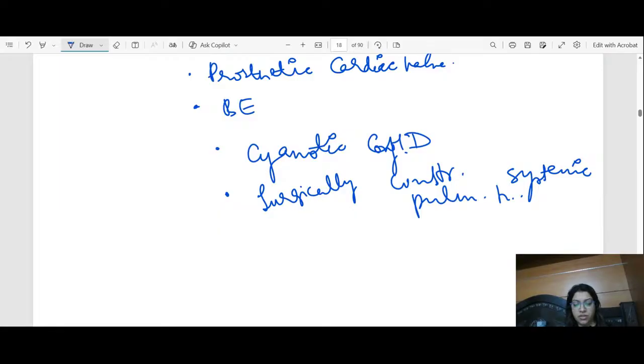And the negligible risk category is atrial septal defects, patent ductus arteriosus, coronary bypass graft, mitral valve prolapse without regurgitation, physiological, functional, or innocent heart murmur, and previous rheumatic fever without valvular dysfunction.